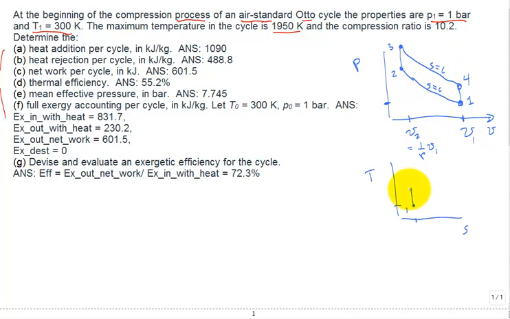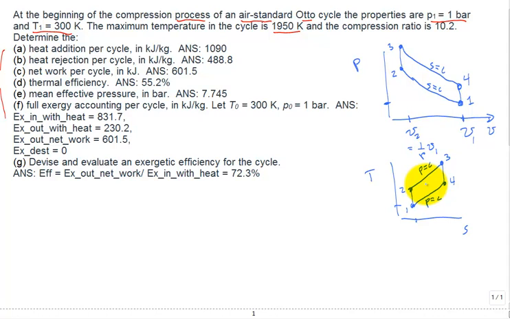Well, isentropic is straight up on a TS diagram. So 1 to 2, it's just straight up. Then we go out at a constant volume heat addition to state 3. Then straight down for isentropic expansion to 4, and then constant volume heat rejection from 4 to 1. Okay, so it's good to get the diagrams.